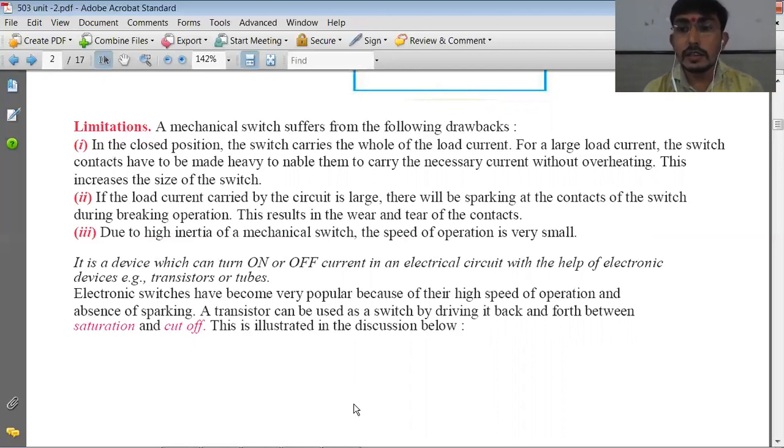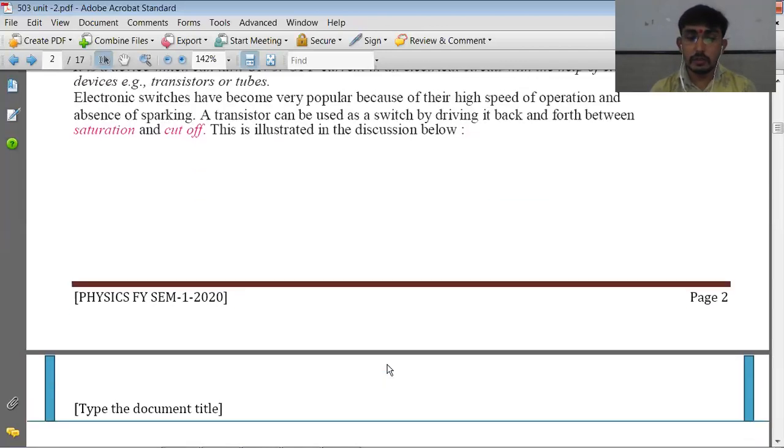If we drive the transistor back and forth between saturation and cutoff, then the transistor can work as a switch.